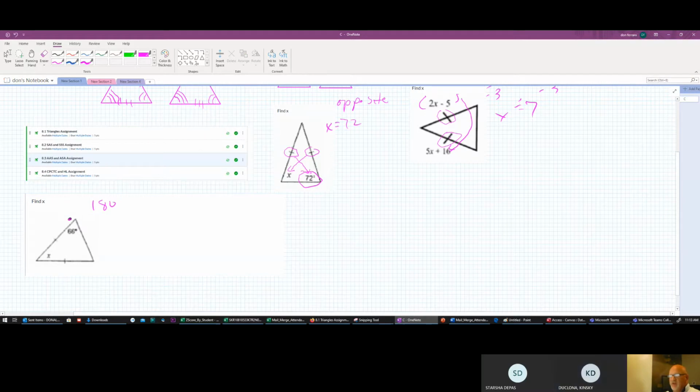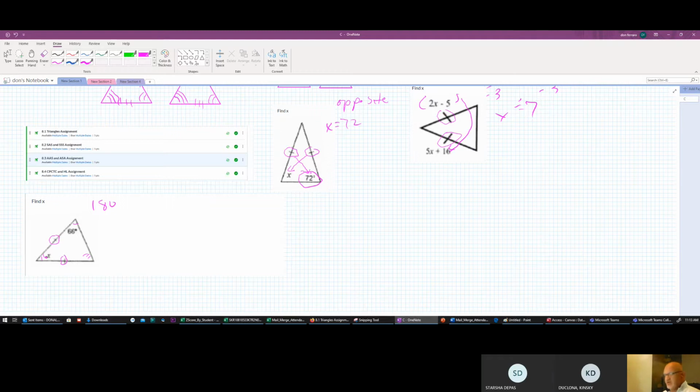All right, so this angle plus this angle plus this angle, they're going to add up to 180. Now, you guys see these tick marks right here? What does that tell us? That they're the same. They're the same, okay?